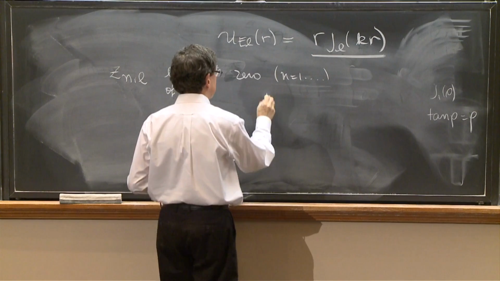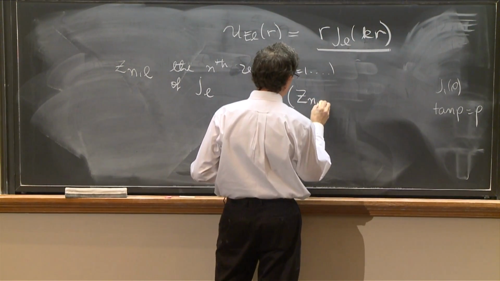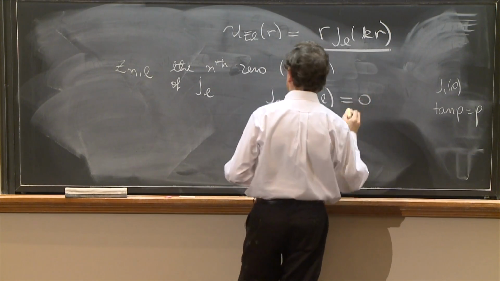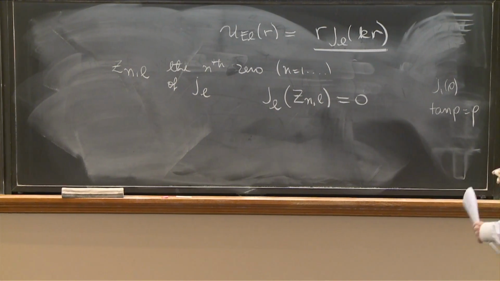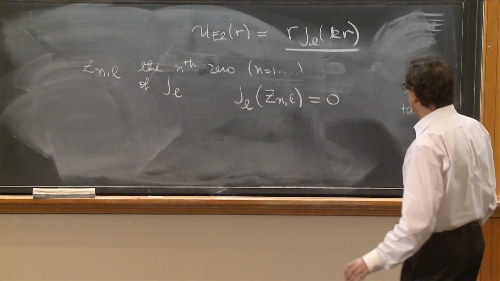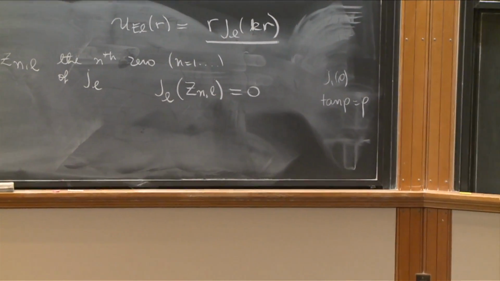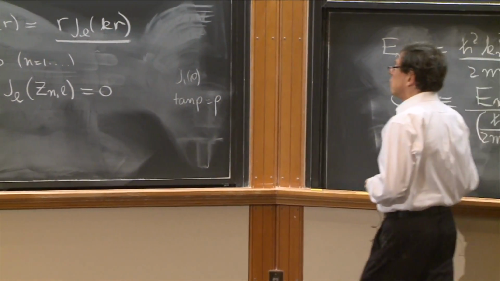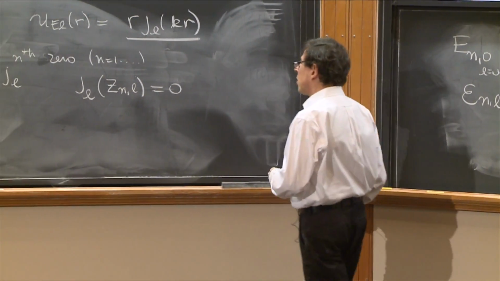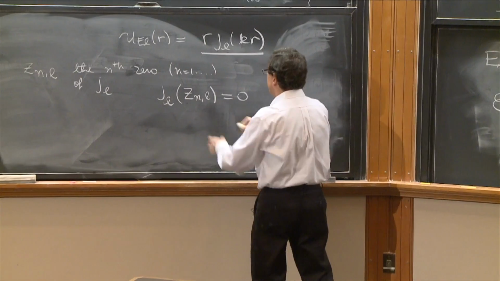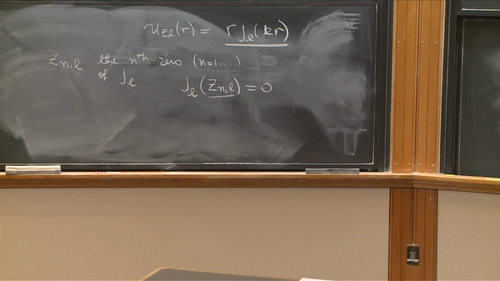So more precisely, j_l of Z_nl is equal to 0, and all the Z_nl are different from 0. There's a trivial 0 at 0, and nevertheless, that is not counted. It's just too trivial for it to be interesting. So these numbers, Z_nl, are basically it.